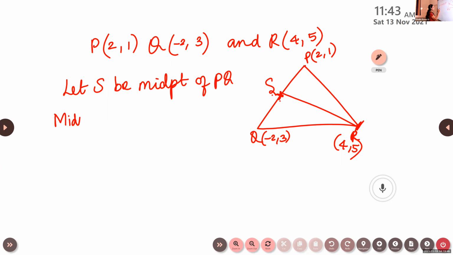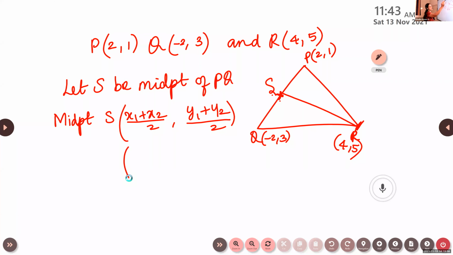Using the midpoint formula, midpoint S is given by x1 plus x2 by 2, y1 plus y2 by 2. So 2 plus minus 2 by 2, 1 plus 3 by 2. It will become 0 by 2, which is 0, 4 by 2, which is 2. This is the midpoint S.